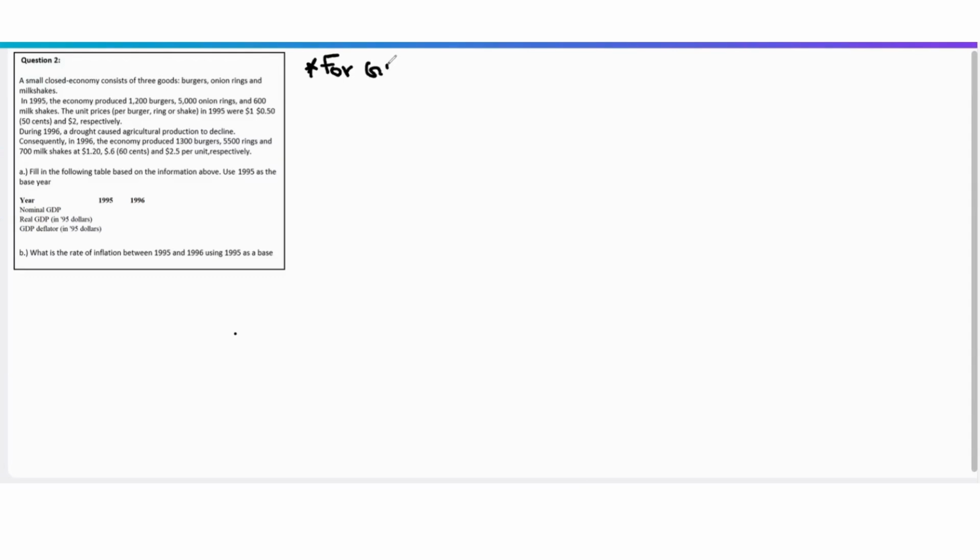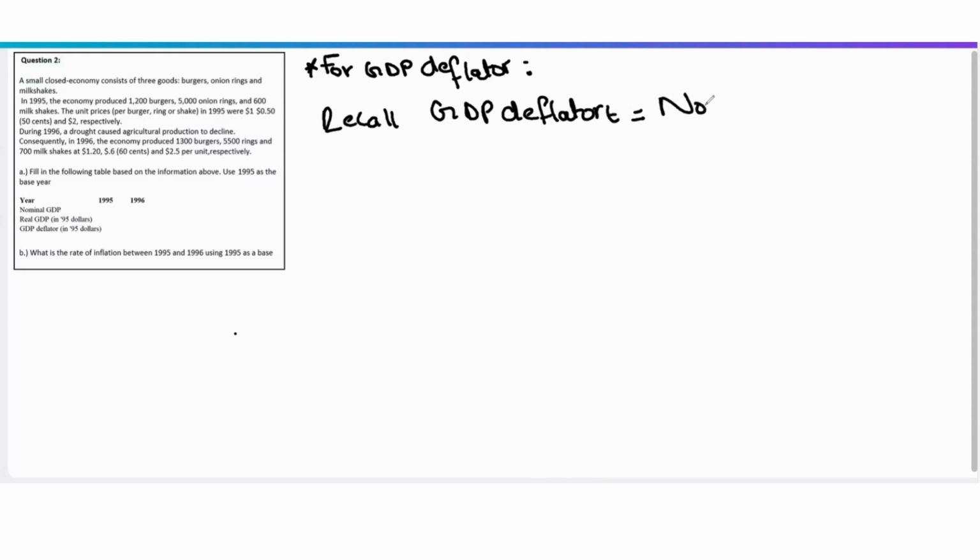So for GDP deflator, here we need to recall what GDP deflator is. Recall that GDP deflator at year t is just the nominal GDP at year t divided by real GDP at year t.